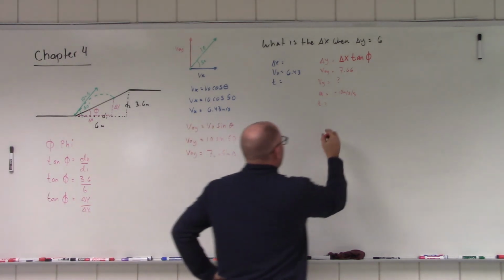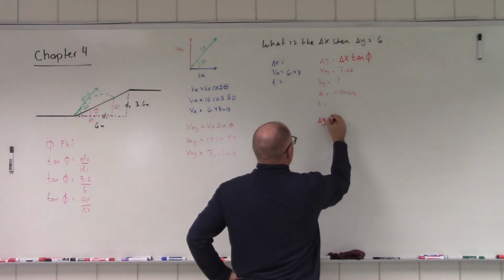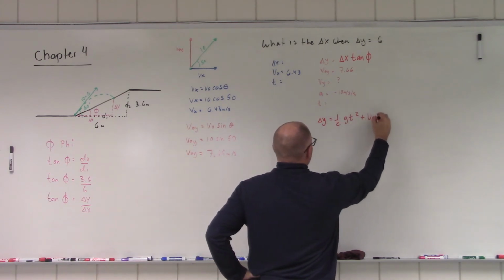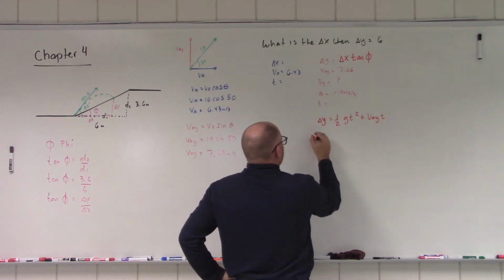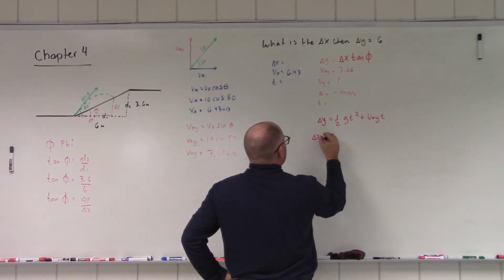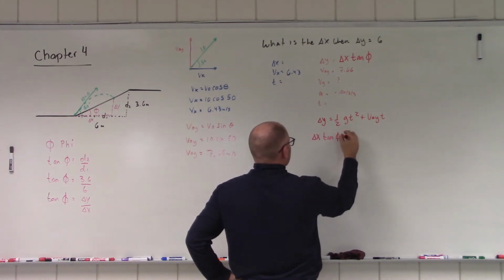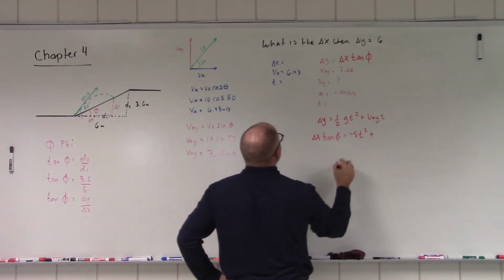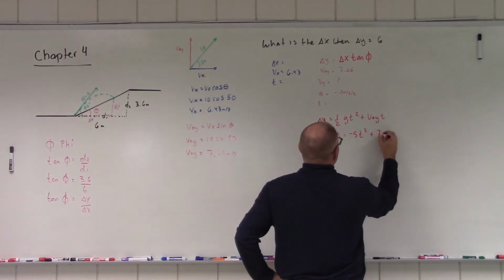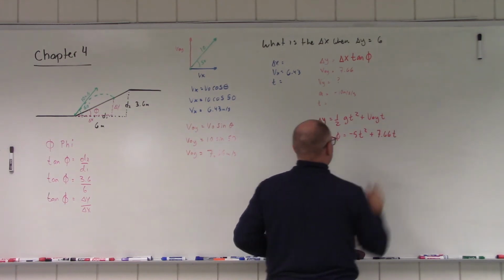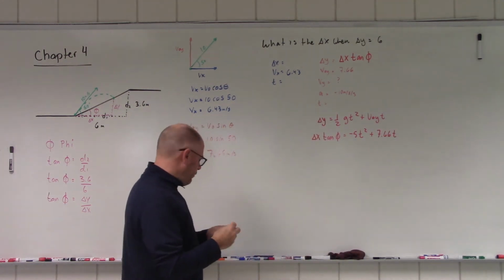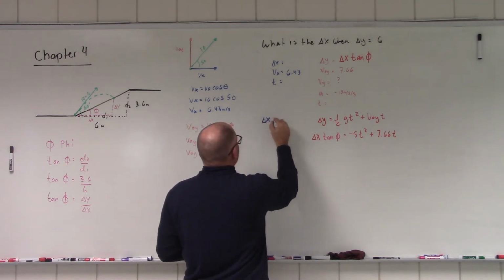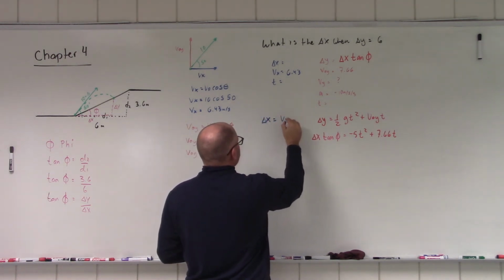So let's write our equation down here. Delta y is equal to 1/2 g t squared plus v0y t. Delta y is equal to delta x tan phi, negative 5 t squared plus 7.66 t. Okay? I like that equation. Let's do this one over here. Delta x is equal to vx t.